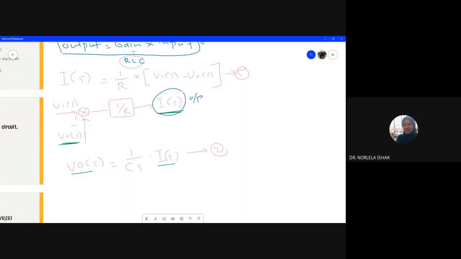Which variable going to be our output? Which one our output? BO. BO our output. Okay, meaning our input is a current.